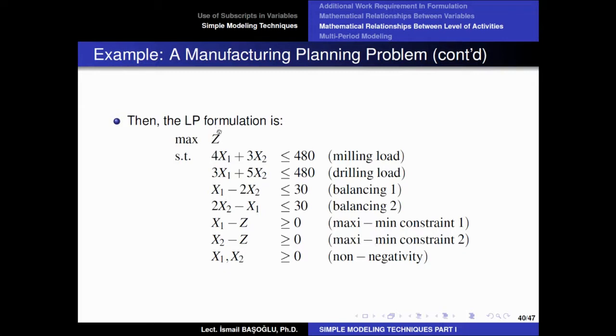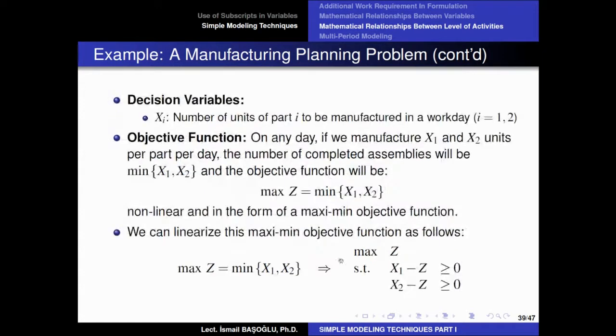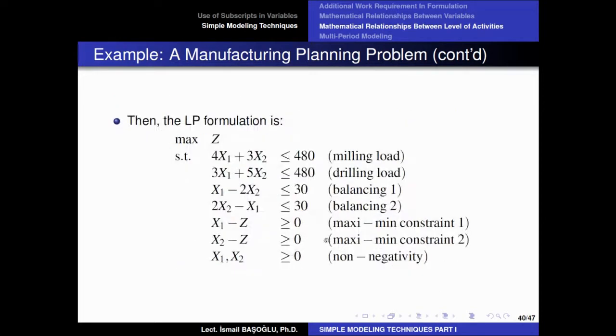And in order to force this definition on z, we are introducing two constraints here, where x1 and x2 should be greater than or equal to z simultaneously, because the contents of the minimum function are linear. So this is going to be a linear programming formulation.